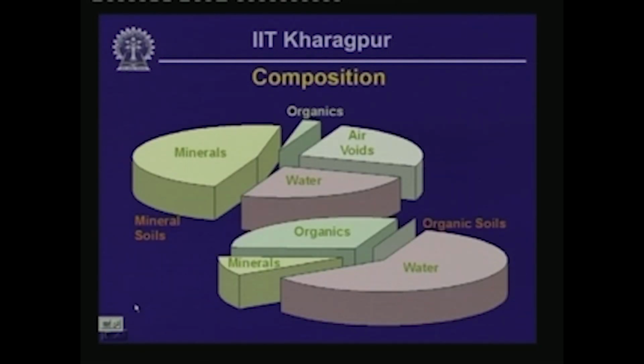Okay. Now, on this slide, we look at the typical composition of a soil mass. Soils in a sense are composed of solid grains. The soil mass will also include void spaces, and some of these void spaces can be filled with pore fluid, and some of it is going to be filled with air.